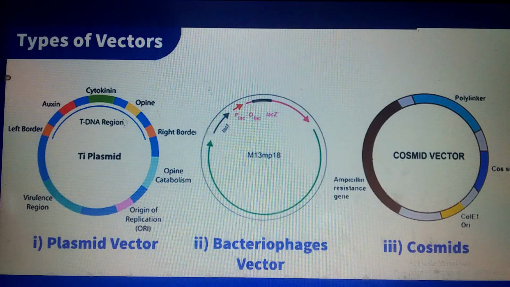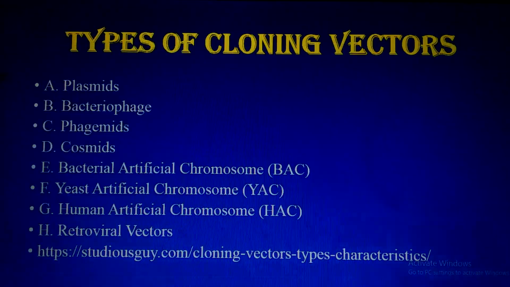Okay. Now I'm going to discuss the types of vectors. I will discuss all the types one by one in my upcoming lectures. So first, you can see here the plasmid vector, then the bacteriophage vectors, the cosmids, the most important and most usable vectors.